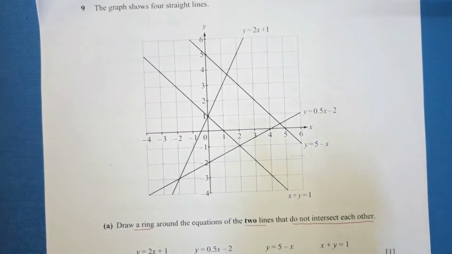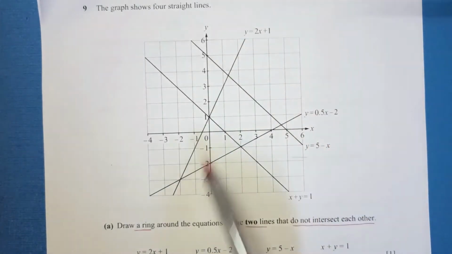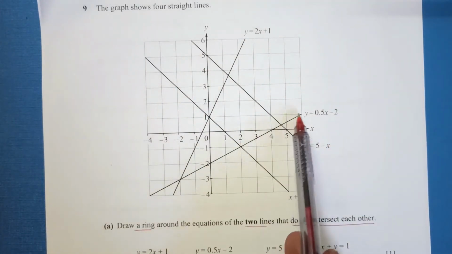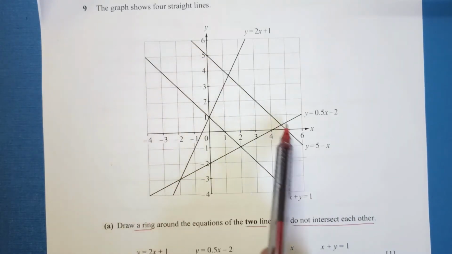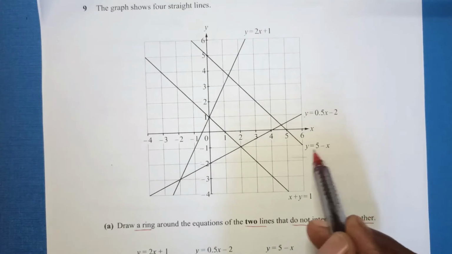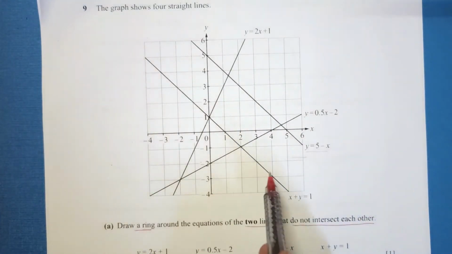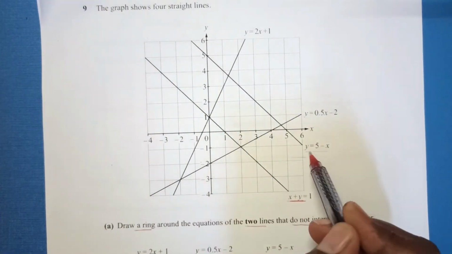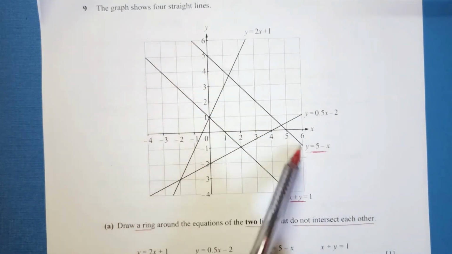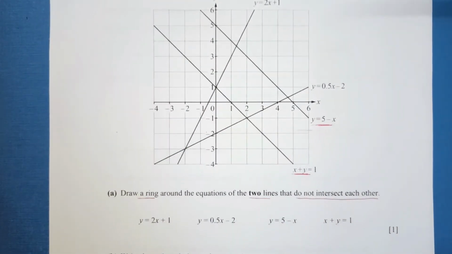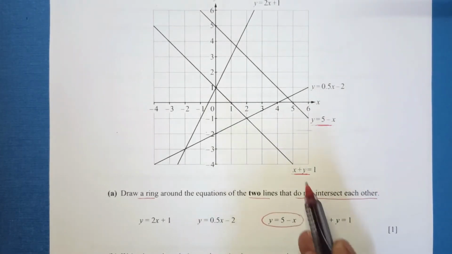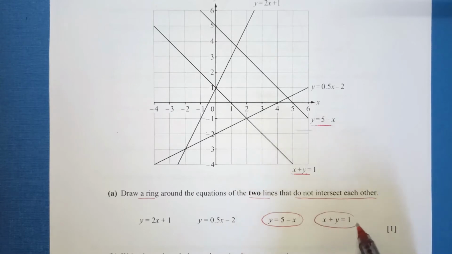This line intersects these 2 lines, and this one is also intersecting this line. So these are the 2 lines that do not intersect. You can see they are parallel to each other. So we circle these 2 lines, y equals 5 minus x, and x plus y equals 1.